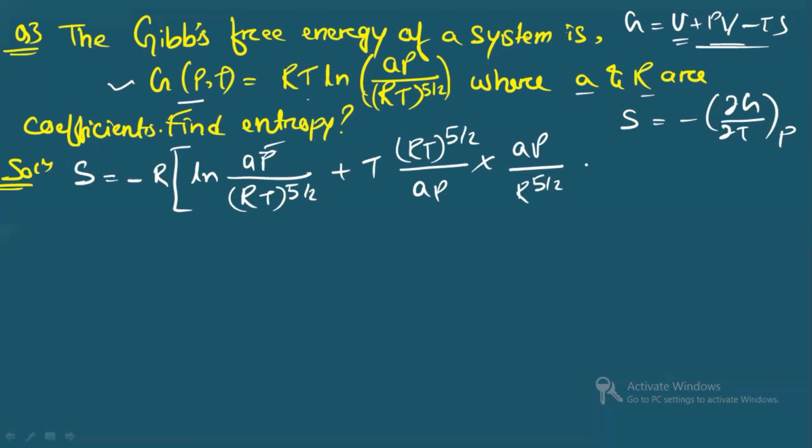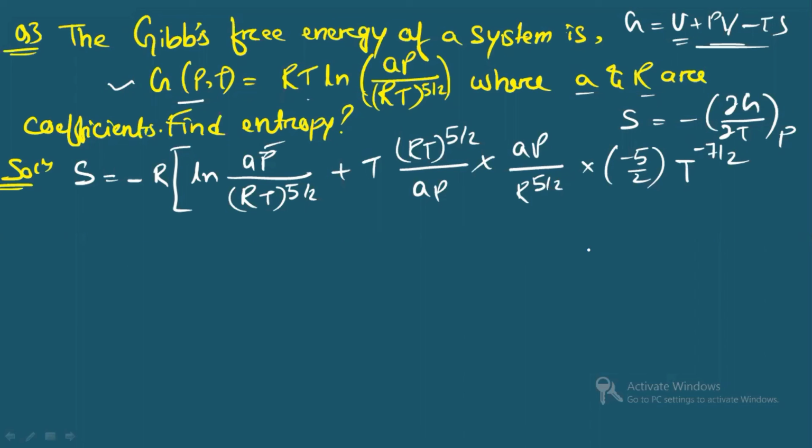On differentiation, 1 by T to the power 5 by 2, that means T to the power minus 5 by 2, gives you minus 5 by 2 and T to the power minus 5 by 2 minus 1. You can calculate and see, you will get T to the power minus 7 by 2.